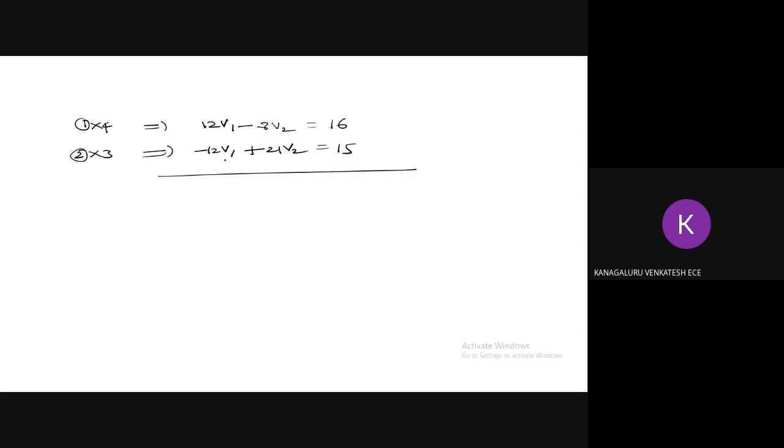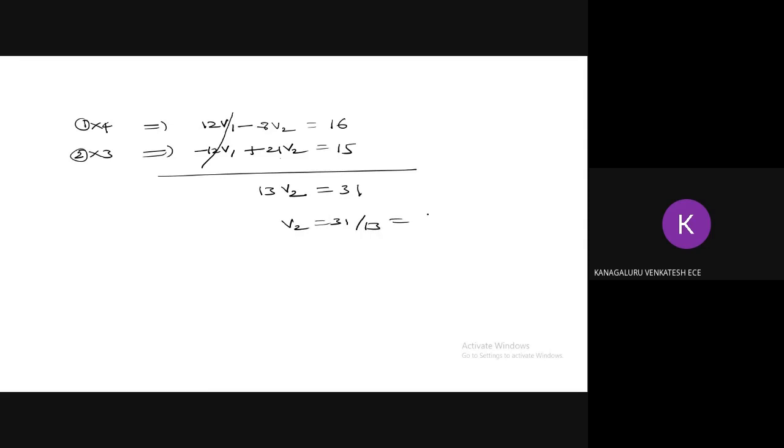12 V1 minus 12 V1, both will get cancelled. Out of 21, 8. 21 minus 8, how much do you get? 13 V2 equal to, just add these two things. You'll get 31. Correct? Yes. Therefore, V2 equal to 31 by 13. How much? Quickly tell me.